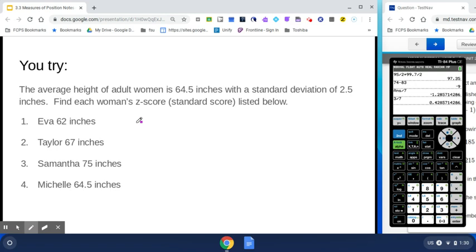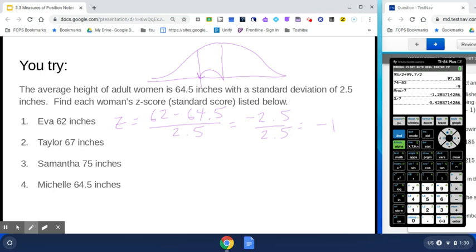So her data value, her height, is 62 minus the mean of 64.5 and divided by the standard deviation of 2.5. If we do that math, we get negative 2.5 divided by 2.5. She has a z-score of negative 1. So in the distribution, if it's normally distributed, she would be 1 standard deviation below the mean.